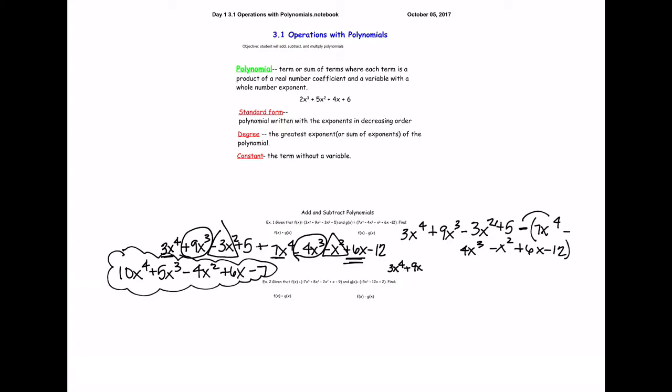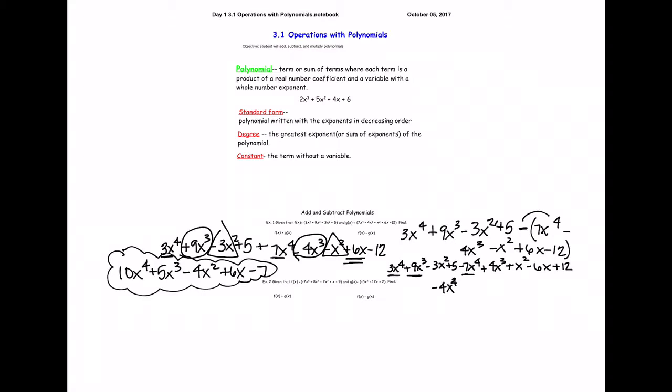plus 9x cubed minus 3x squared plus 5 minus 7x to the fourth. A negative and a negative change to a positive 4x cubed, positive x squared, minus 6x plus 12. When we combine our like terms, 3x to the fourth minus 7x to the fourth is negative 4x to the fourth.